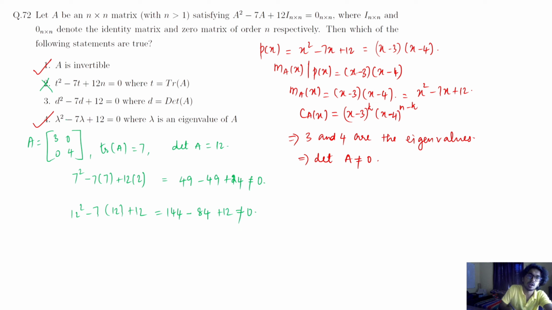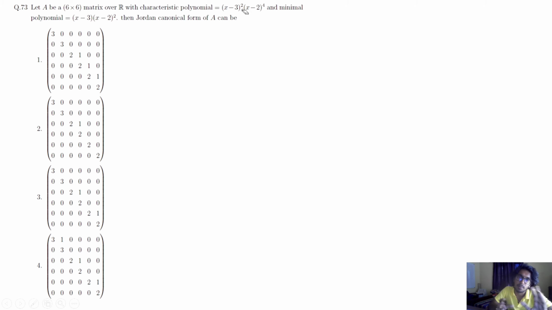Here A is given to be a matrix over R with a characteristic polynomial that involves two factors, x minus 3 and x minus 2, where x minus 3 appears twice and x minus 2 appears 4 times, and the minimal polynomial is given as something like this.